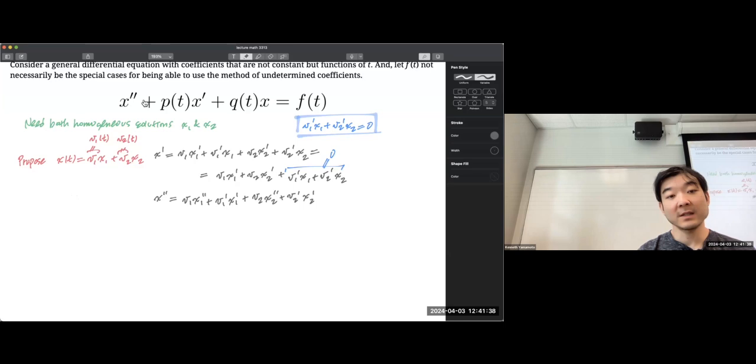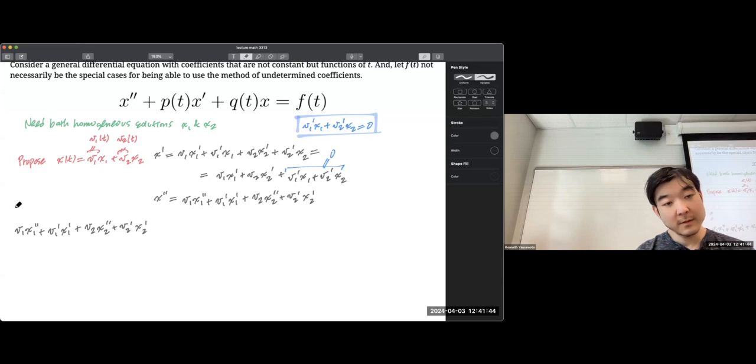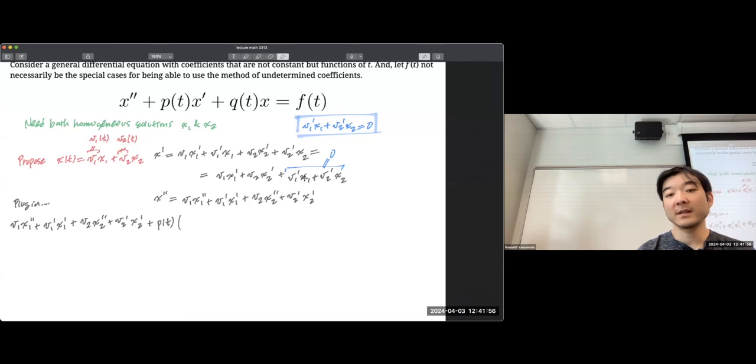So we're going to plug this in. So x double prime is all of this. So plug this in. That's x double prime plus p of t times x prime. Now that we said that this is going to be 0, it's just this.